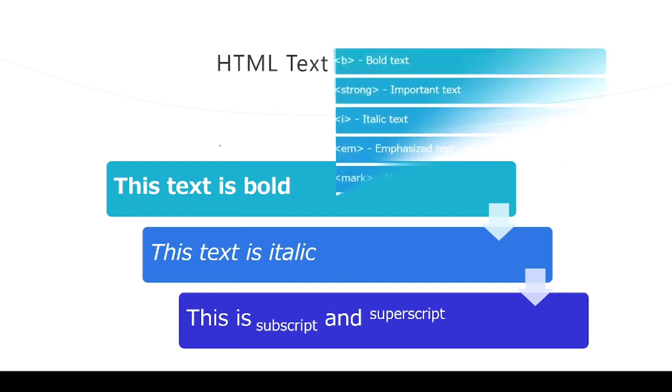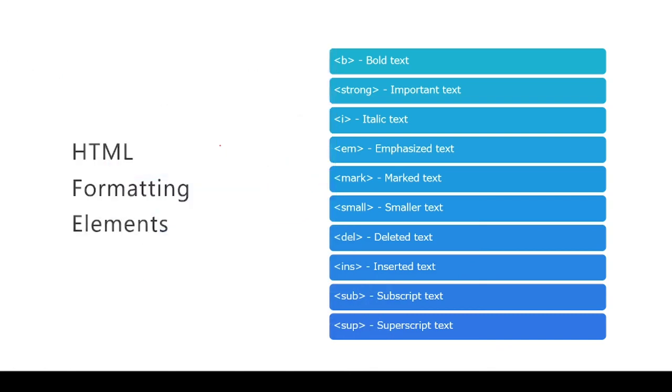Let's discuss. Here is the list of tags that we use to format our words or sentences in our HTML page. First is bold. The B tag is used to bold our words or sentences, and in the same way the strong tag does.